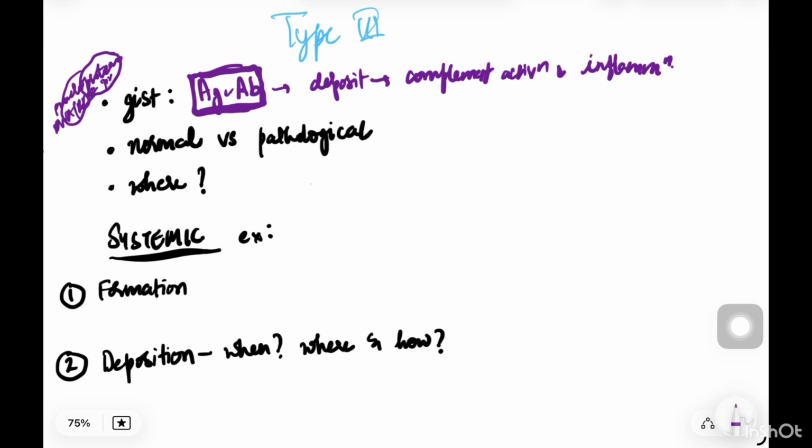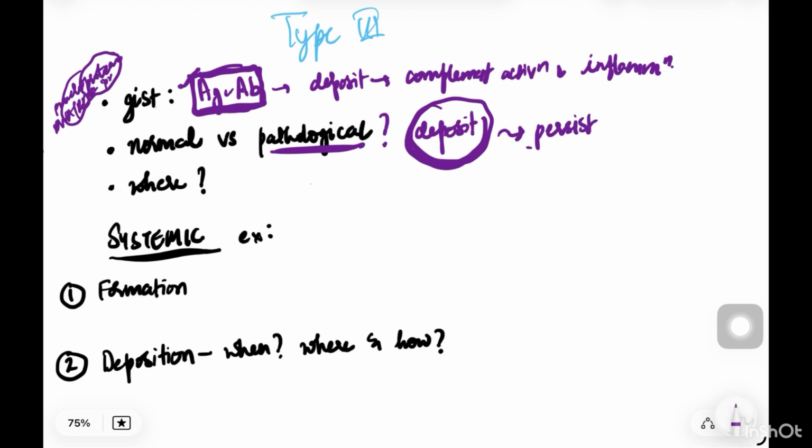The spleen and macrophages clear these away normally. When does it get pathological? If they deposit in large amounts, and if these deposits persist, then it becomes the pathological process of hypersensitivity type 3.